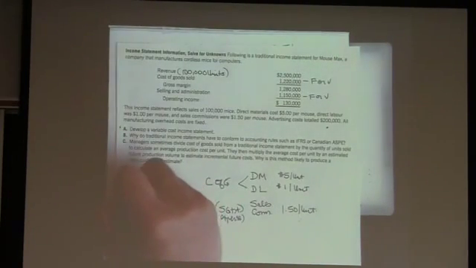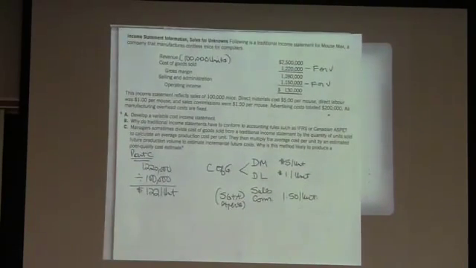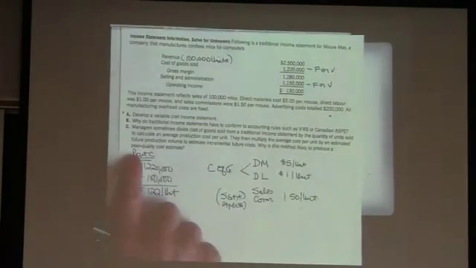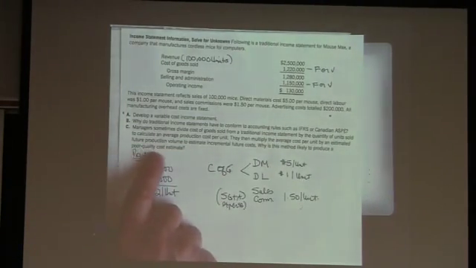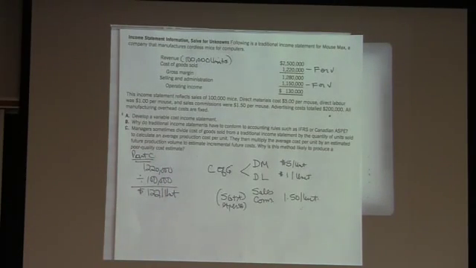Then they multiply it by the number of estimated future production units. Why is this method likely to produce a poor quality estimate? So that's the question, isn't it?